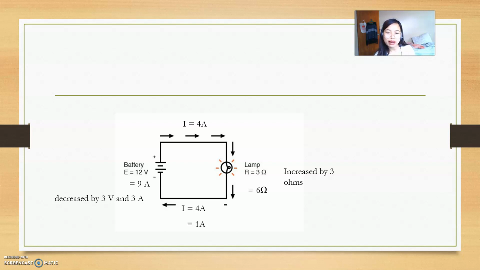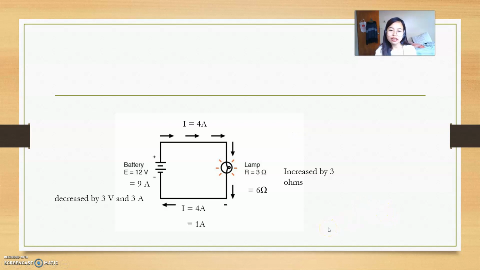So 12 minus 3 is equal to 9. It becomes 9 volts. And current, 4 amperes minus 3 amperes, is equal to 1 ampere. That's how we describe Ohm's law in the electrical circuit.